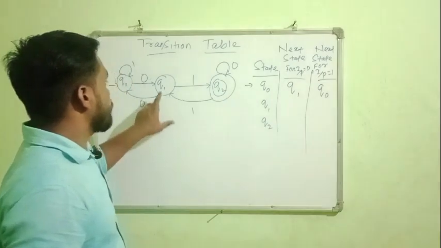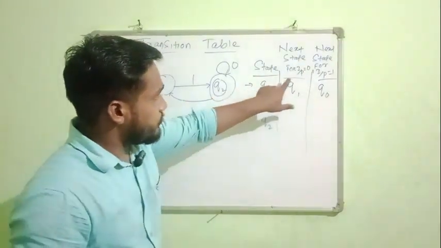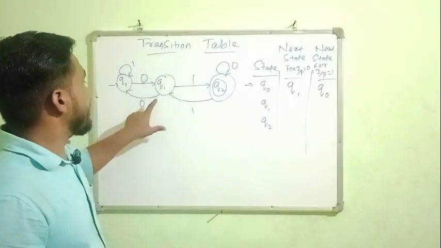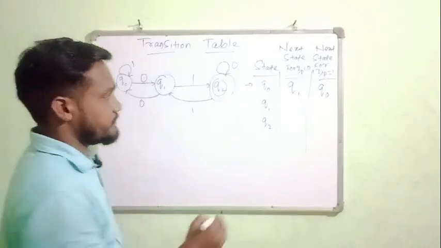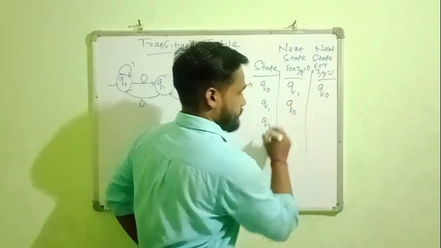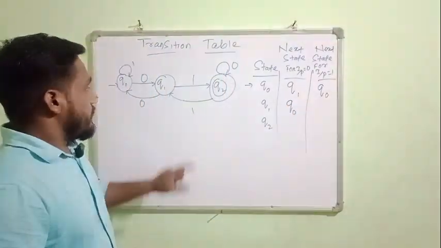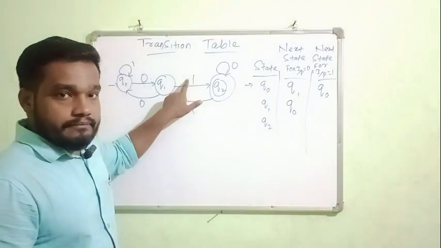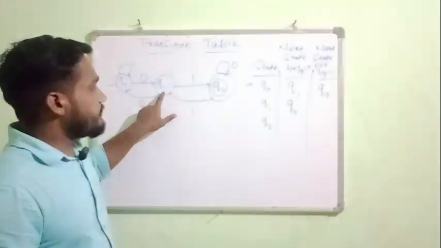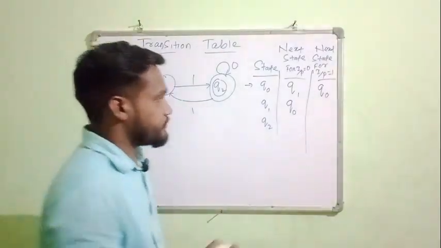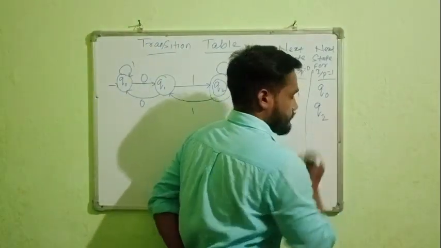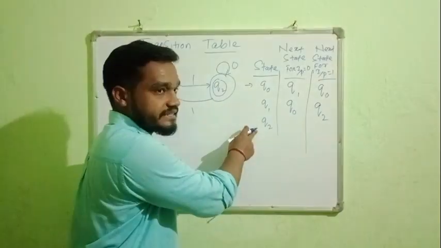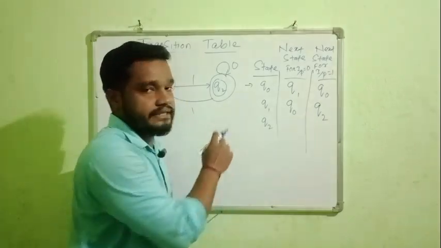If we use 0 in Q1, then we will arrive at Q0. For 1, if we use 1 as input in the Q1 state, then we will arrive at Q2. Like Q0 and Q1, you have to follow the same procedure in Q2.